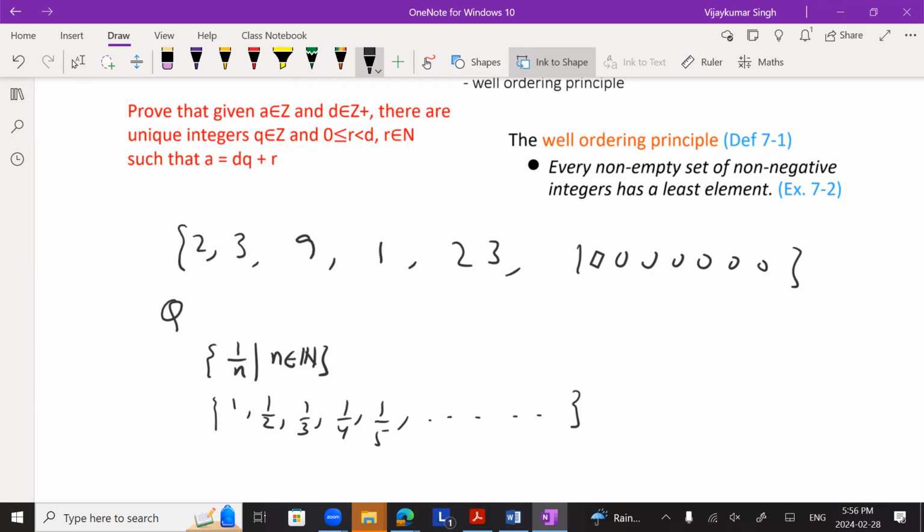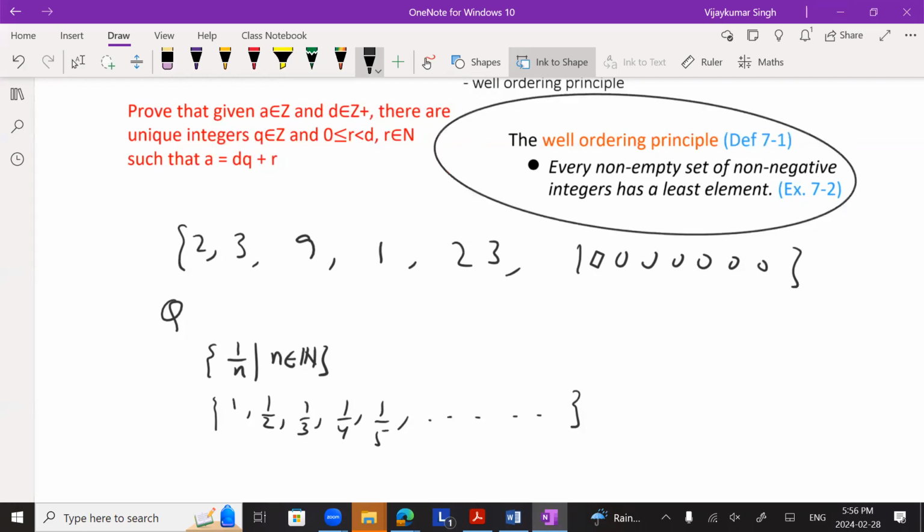One may be tempted to say 0, but 0 is not here. 0 can never be written as 1 by an integer. And the moment you take anything positive, I can always find a 1 by n which is smaller than that. So this property is very special: every non-empty subset of non-negative integers has a least element.